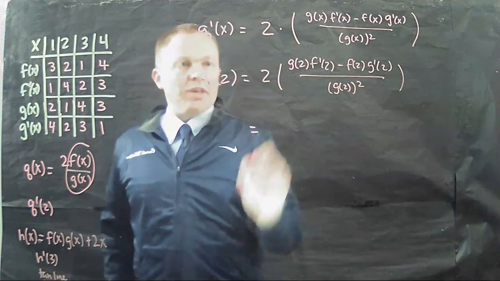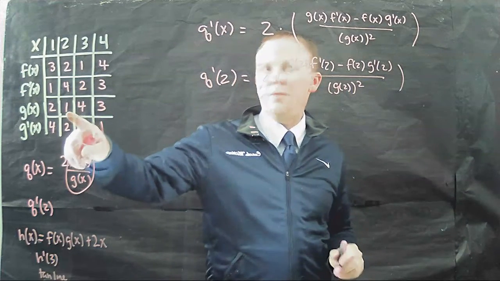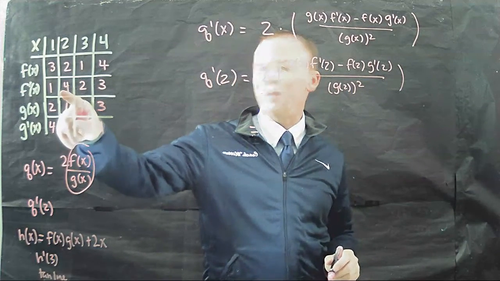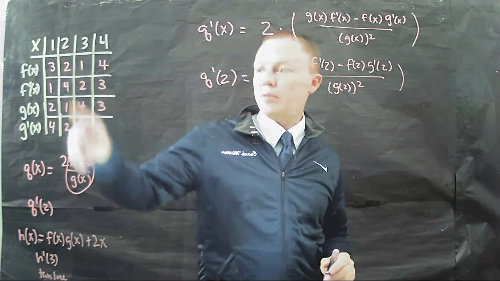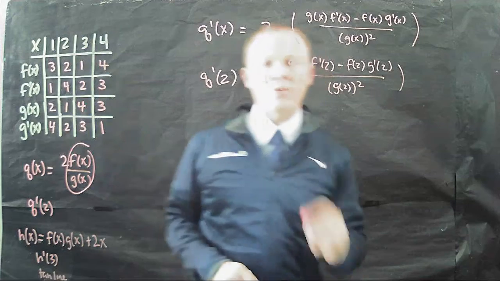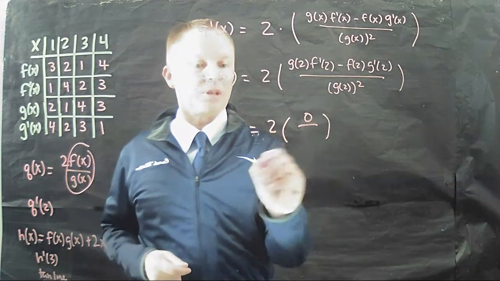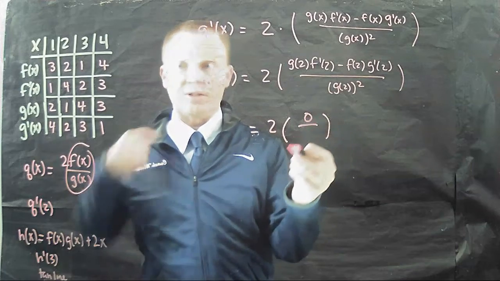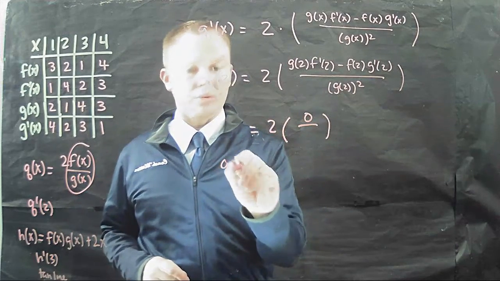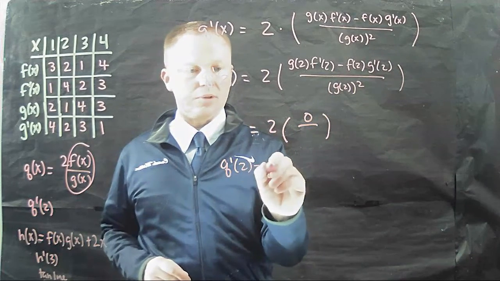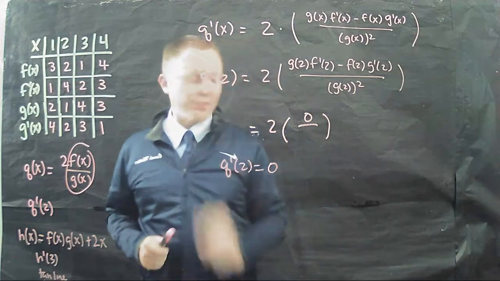And when I do this, g of 2 is 1, f prime of 2 is 4, f of 2 is 2, and g prime of 2 is 2. And when you do that arithmetic, you get 2 times 0 over, and it doesn't matter what's in the denominator, as long as it's not 0, which it's not. So q prime of 2 is equal to 0. Okay? So that was that first question.